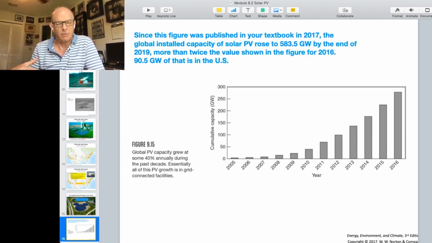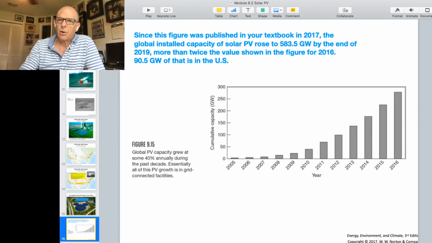So Duke Energy is burning less natural gas to supply those houses electricity. So it's essentially a miniature electricity utility on the roof of a house. The vast majority of solar photovoltaic plants in the world are grid connected like that.